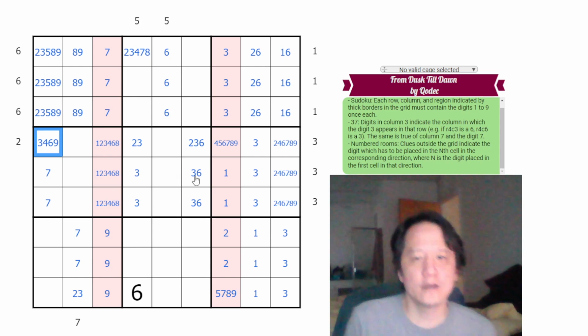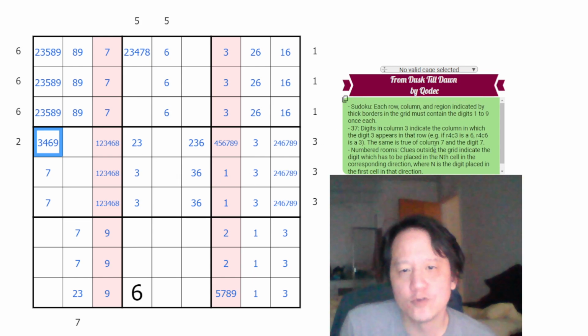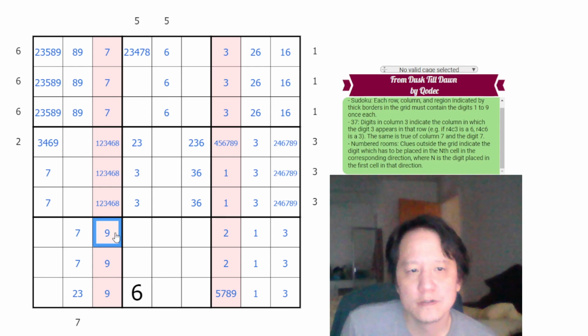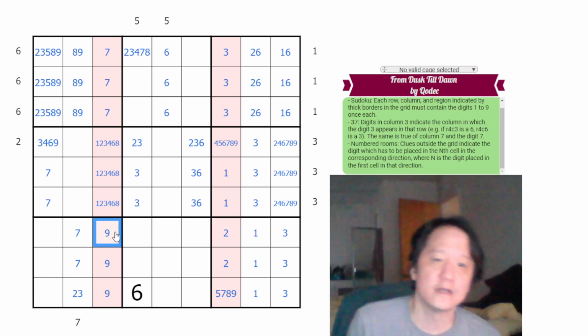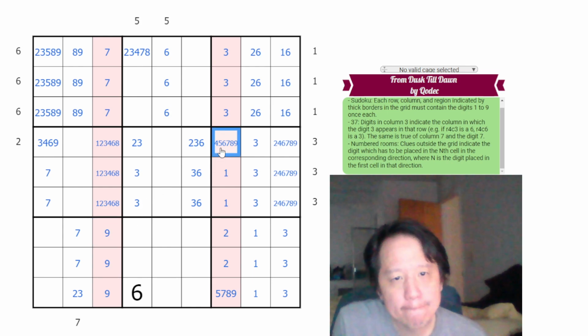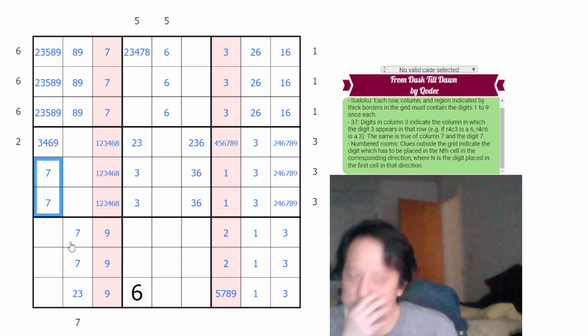Okay. So we have normal Sudoku, we have 3, 7, and we have numbered rooms. And that's it. So we have just this to go off of. This can't be 1 anymore. So one of these is 1, which means one of those is 7.